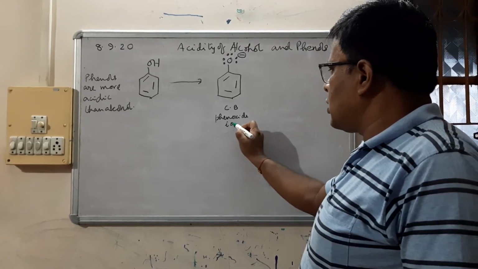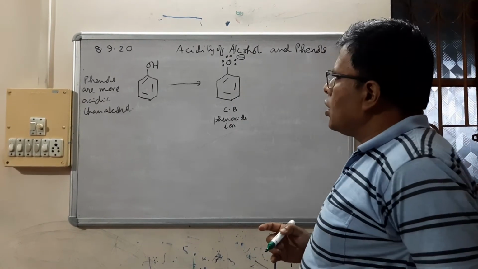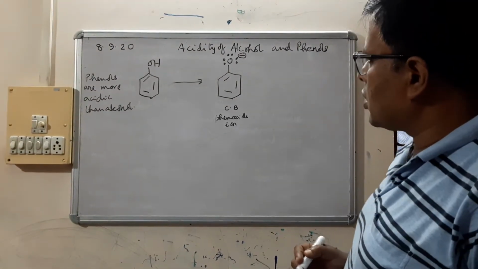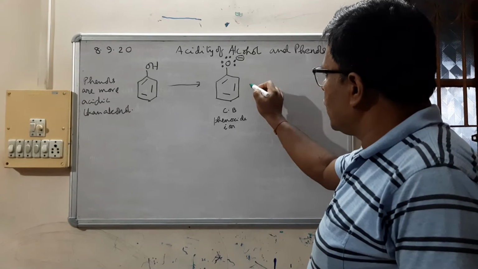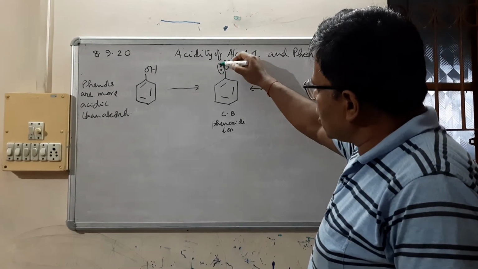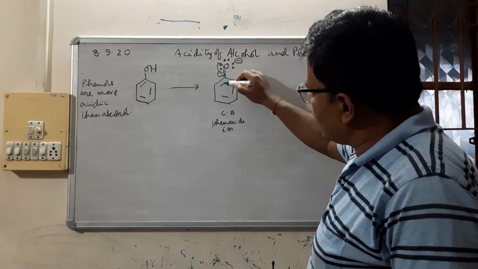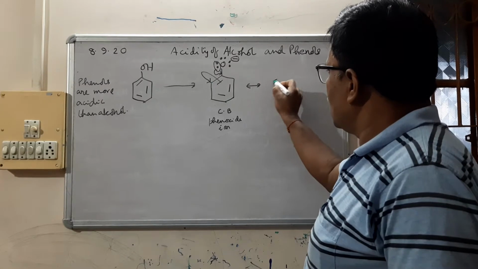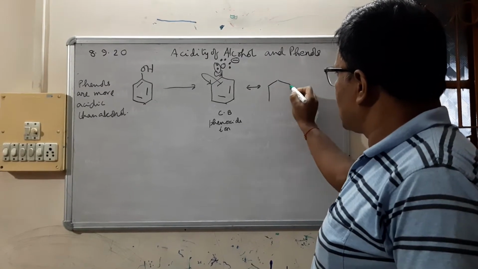and we see that phenoxide is resonance stabilized. We can draw the resonance structures of phenoxide. This lone pair will come here. This pi electron will come here. So one structure will be this.